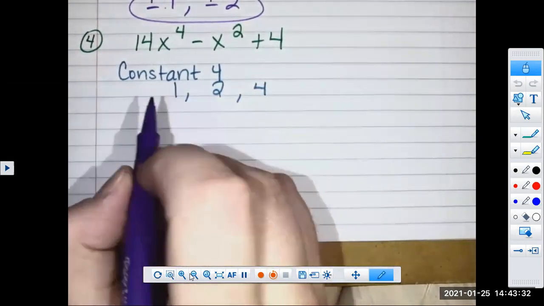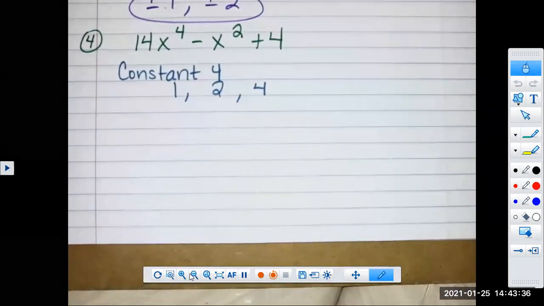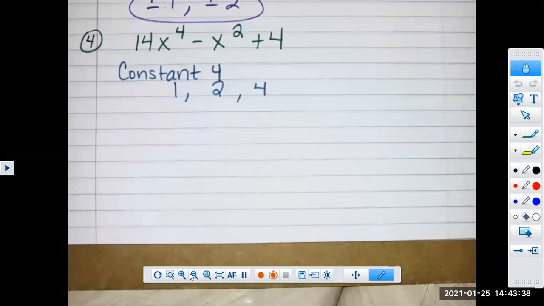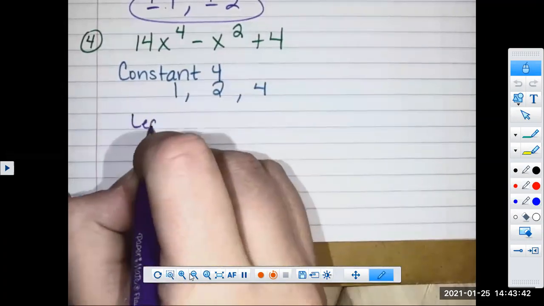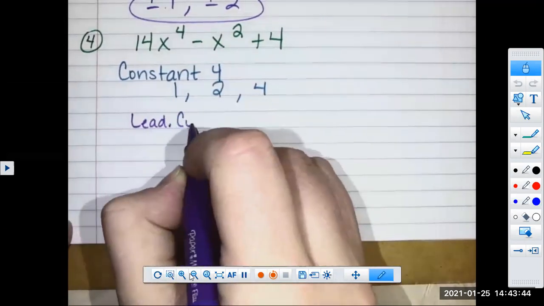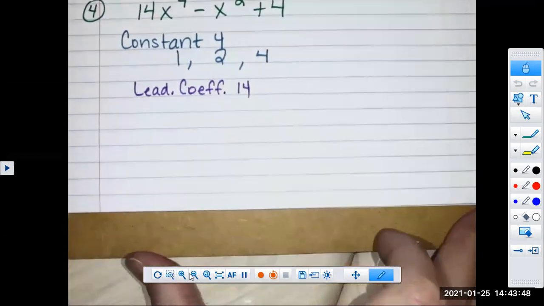What is your leading coefficient? Good. 14. So leading coefficient is 14.